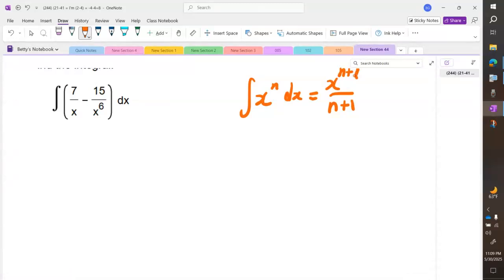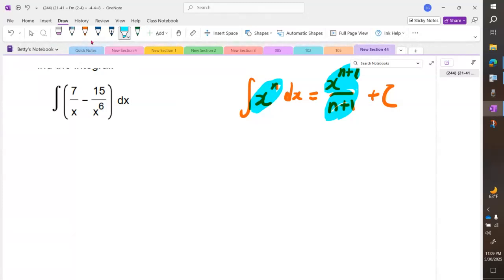I hope you remember this formula. So the antiderivative of a power function has a degree one more than the original function, and is divided by that same new degree.